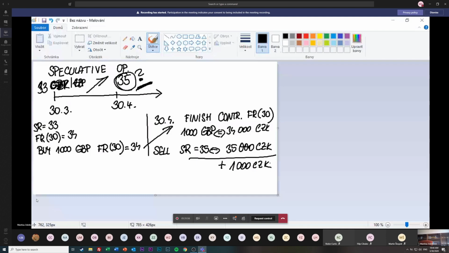I cannot buy because I don't have Czech crowns. I am only waiting until this point and I will immediately post the transaction on the computer. So in my accounting there will be only this profit. I didn't use any money for it. I am so using this situation in the currency market.